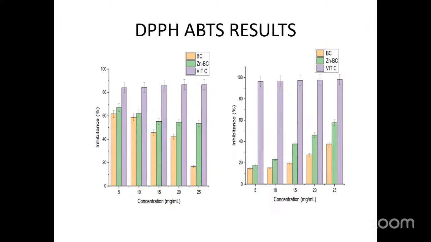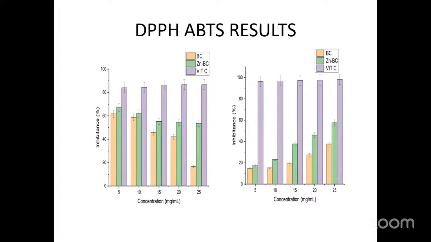With the DPPH, the initial concentration, at 5 milligram per ml, was 60 for the raw biochar, but for the zinc exchange biochar, it was somewhere around, I think, 65.